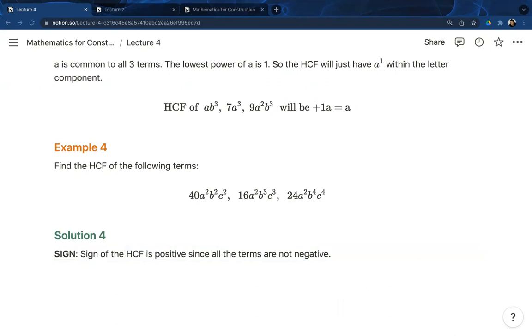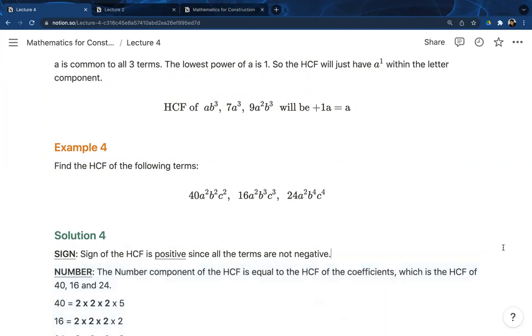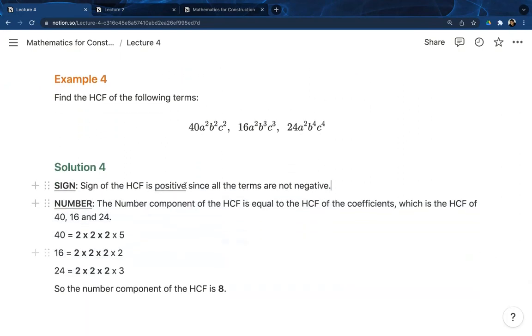If you look at the numbers, the coefficients could be broken up into prime numbers. So 40 is 2 times 20, 20 is 2 times 10, 10 is 2 times 5. So 3 2s and a 5. 16 is 4 2s, right?